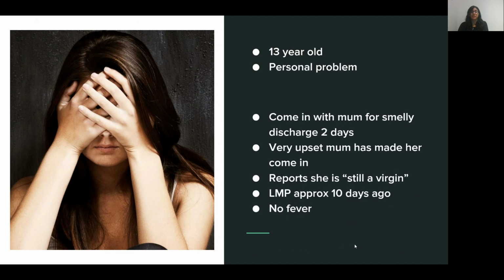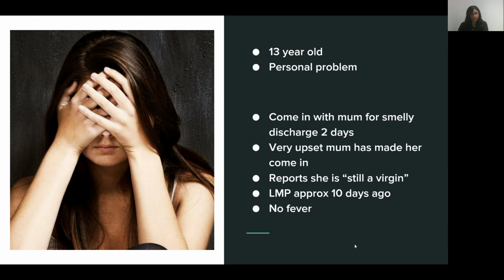In terms of the questions about her sexual history, I think the golden rule of medicine is always listen to your patients, but don't always believe them. If you do a bit more digging, she'll probably say something like, oh, I can't be pregnant because I've never actually had sex, but of course I've done everything else.